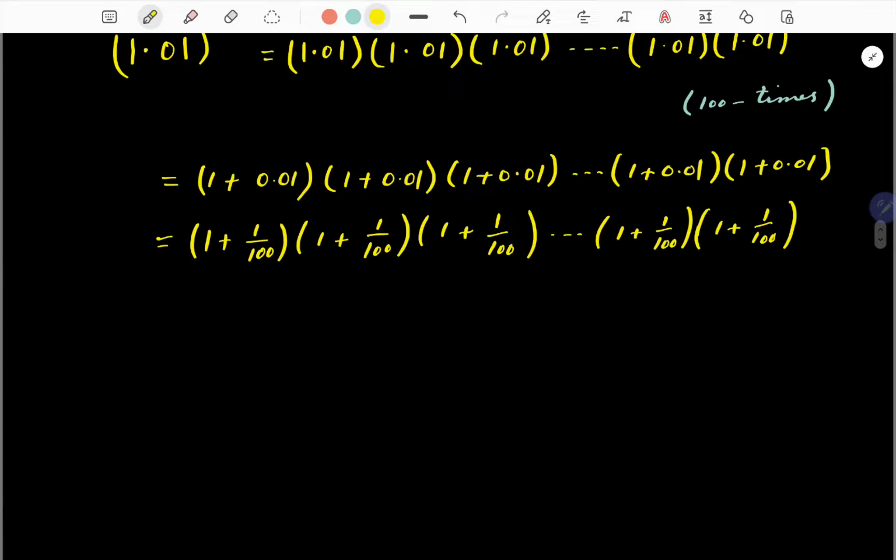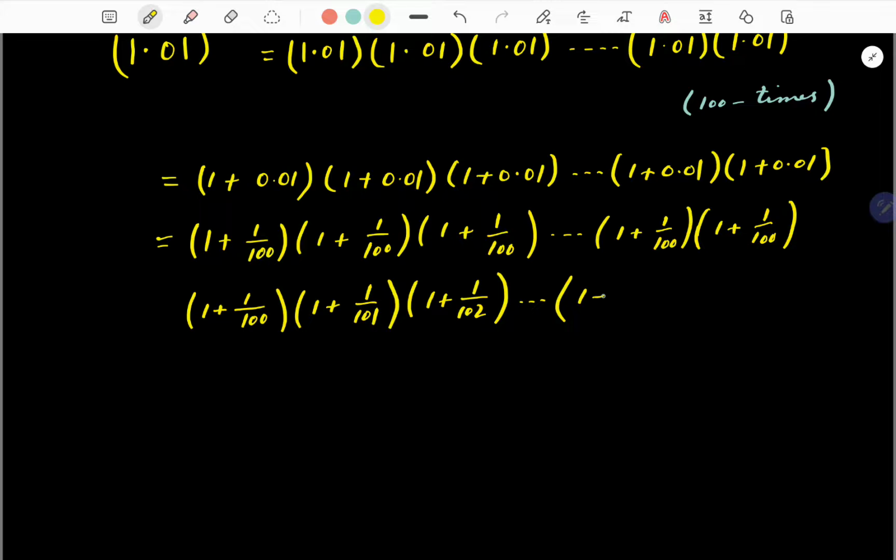Now we are using a trick. I am going to write the first factor as it is, 1 plus 1 over 100. I am writing the next factor as 1 plus 1 over 101, the next as 1 plus 1 over 102, and so on.